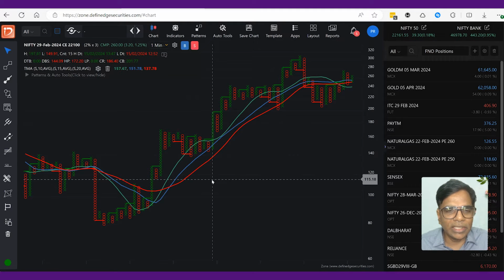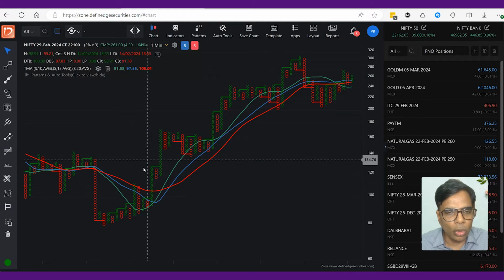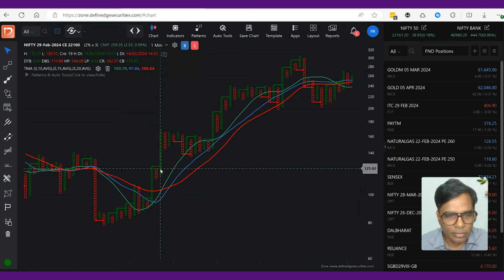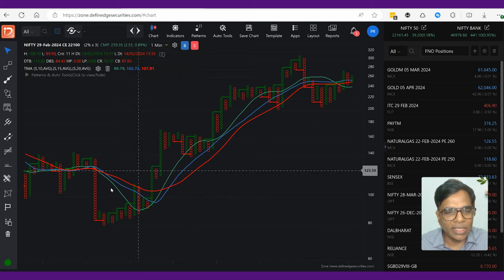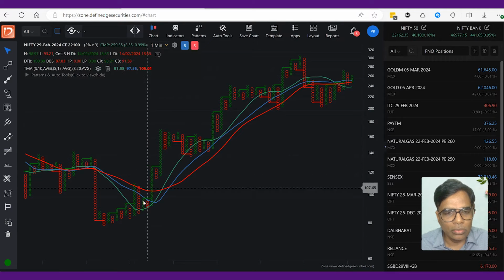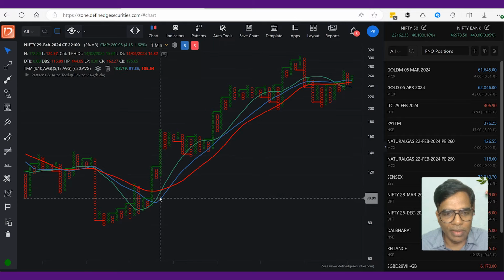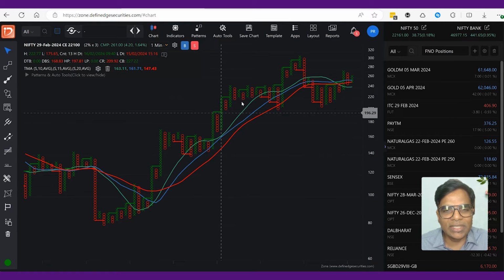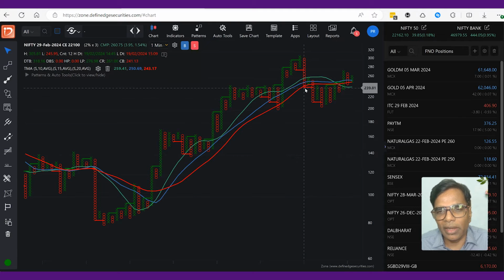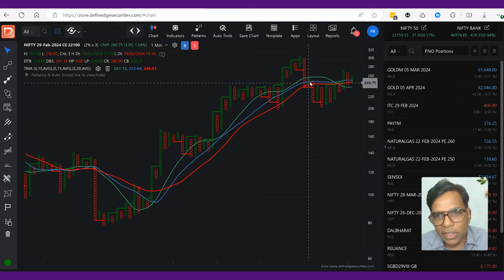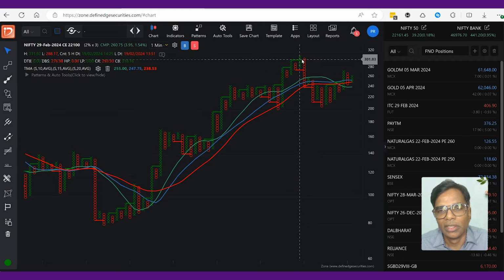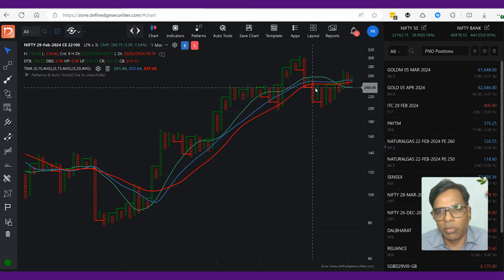The idea is that we are going to buy this long call when the price closes above the triple moving average, and then we exit this long call when there is a double bottom sell below the triple moving average. So this is the double bottom sell here, and here we are going to exit.